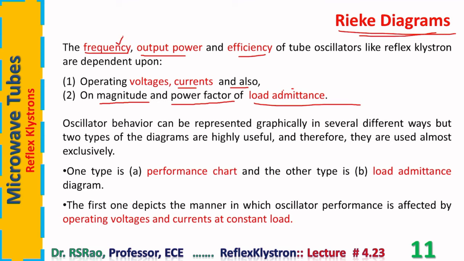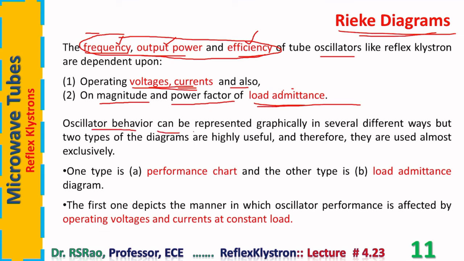Frequency is an important parameter. Output power is an important parameter. Efficiency is an important parameter pertaining to oscillators. These parameters define the overall performance of the oscillator. These are dependent upon voltages and currents. They also depend upon load.